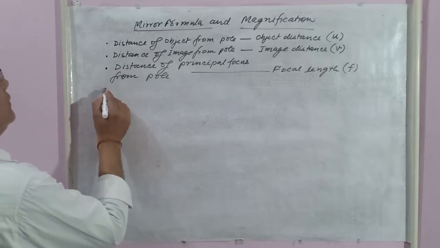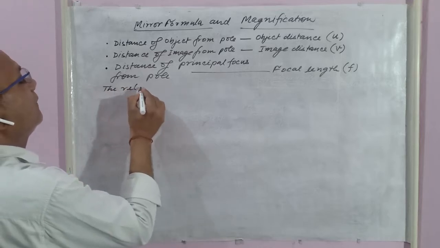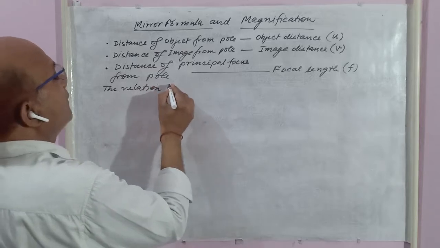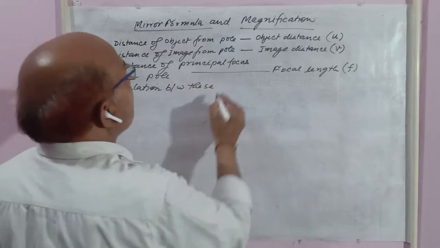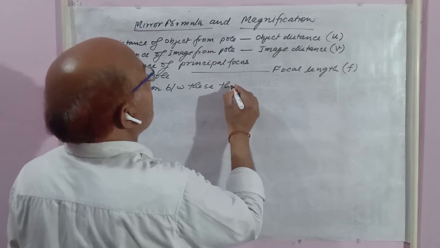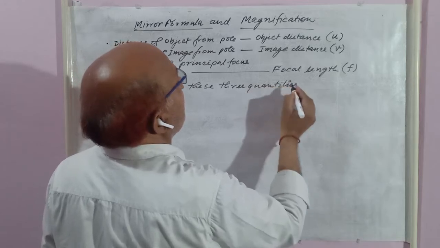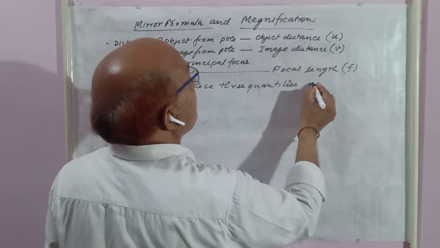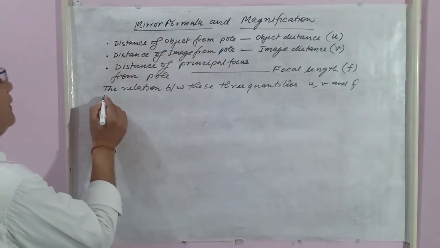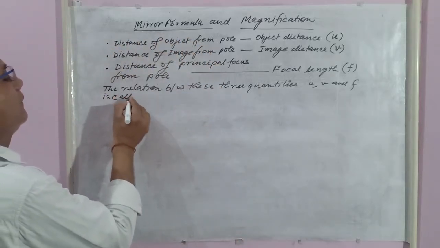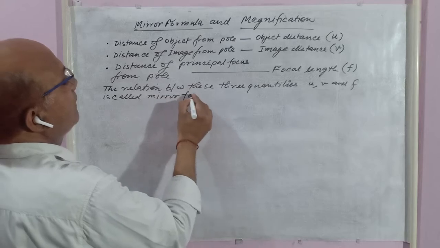So, the relation between these three quantities U, V and F is called mirror formula.